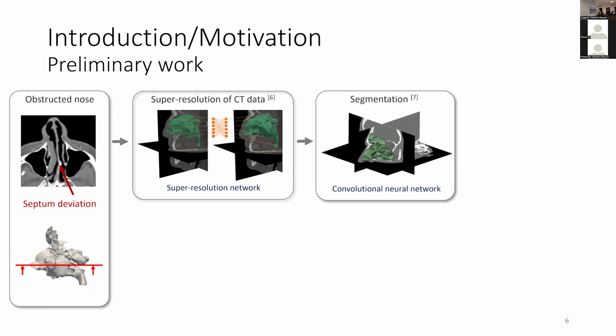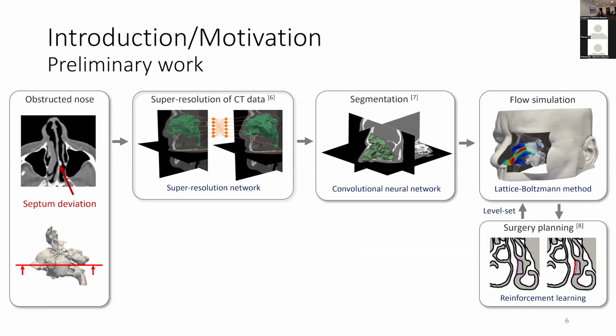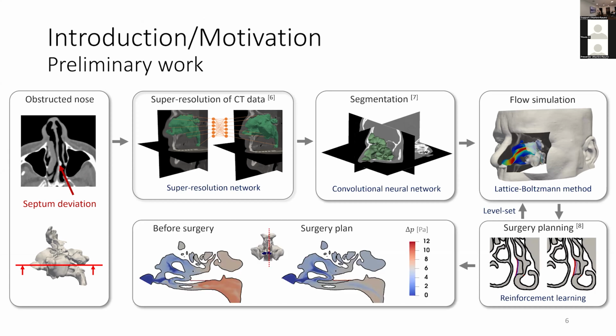Then an automated step for the segmentation and for the surface extraction, and a surgery planning tool, which goes back and forth between our lattice-Boltzmann solver, the in-house code developed in Aachen, and a reinforcement learning algorithm that explores different surface modifications until the perfect modification is found with respect to, for example, pressure loss from the nostrils to the pharynx.